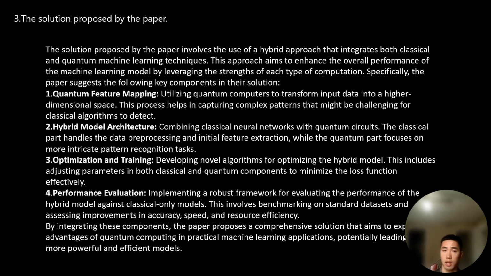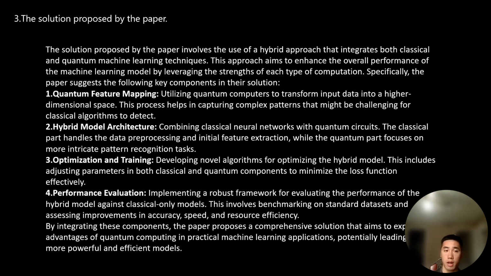This process helps in capturing complex patterns that might be challenging for classical algorithms to detect. The second is hybrid model architecture, combining a classical neural network with a quantum circuit.